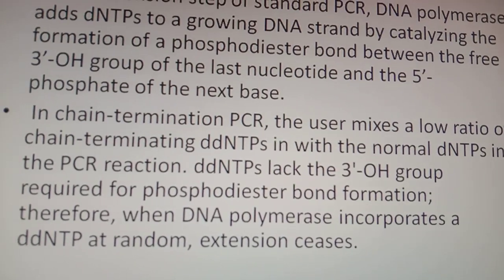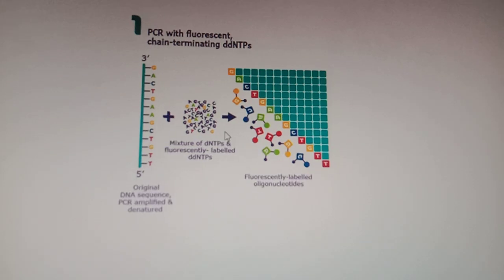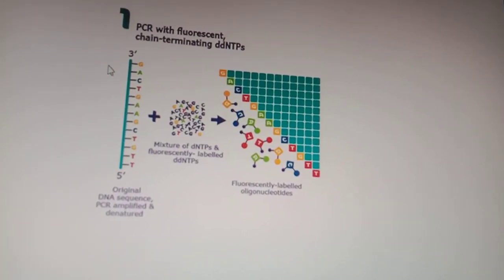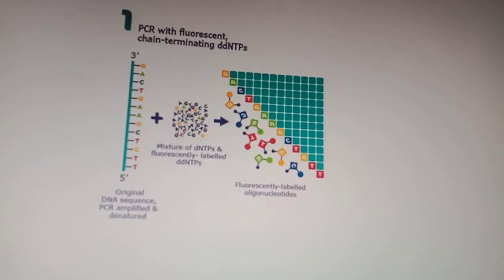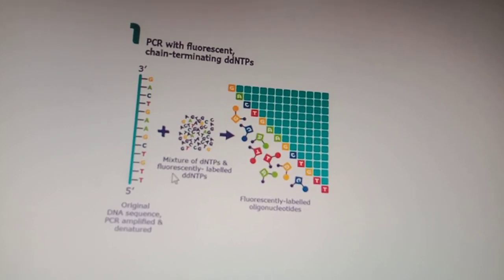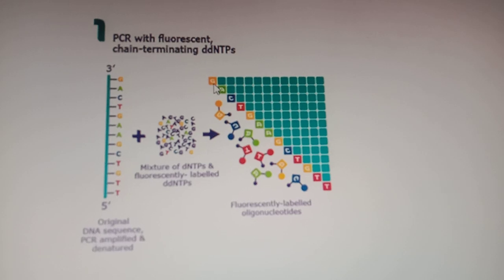As it extends, you can see the ddNTPs are labeled with a fluorescent probe. When we add to the PCR, we add the dNTPs as well as a mixture of fluorescently labeled ddNTPs. Wherever a ddNTP is incorporated, a new dNTP can't be incorporated.